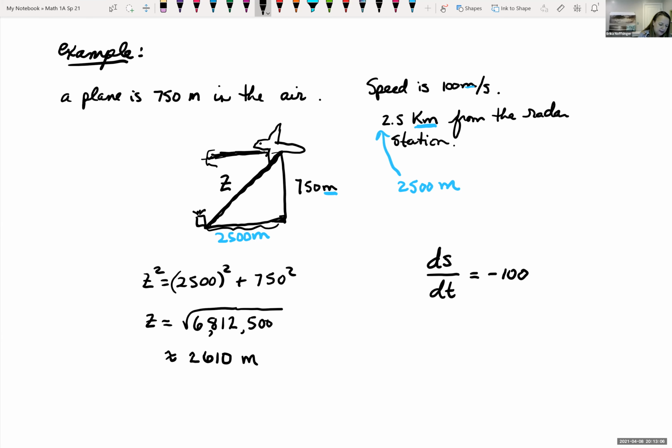And so is this z value. That's also going to be changing. The one thing that's not going to be changing is this height. So maybe we can call this x of t. This is z of t. So those are both changing with time. So we have z squared is equal to x squared plus 750 squared.